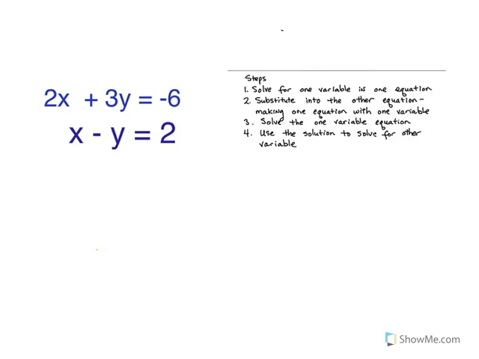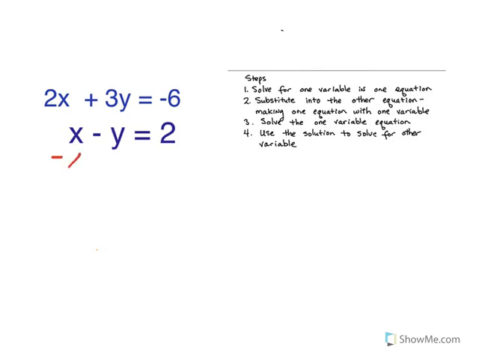Okay, in the next example, 2x plus 3y equals negative 6, and x minus y equals 2. We're going to do the first step, which is to solve for one variable in one equation. So we're going to solve for the variable that is going to take the least amount of work.